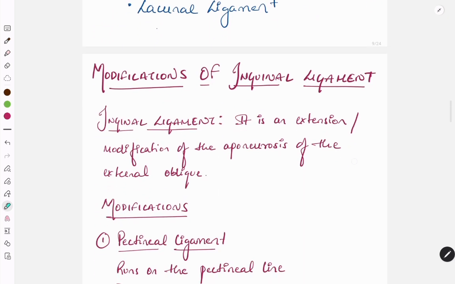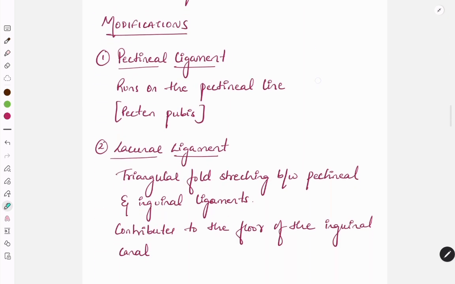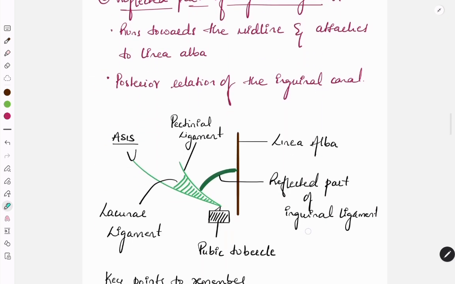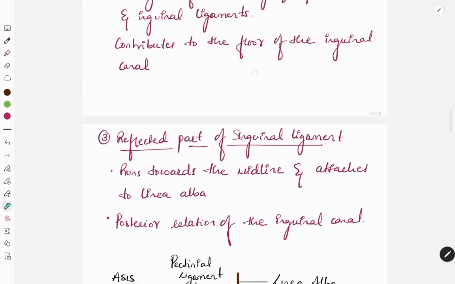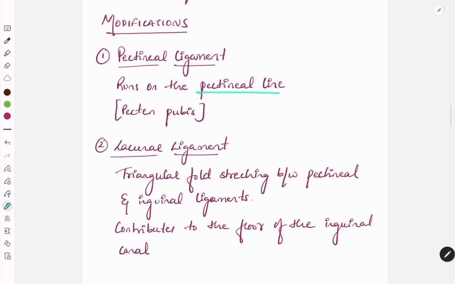Now we are looking into the modifications of the inguinal ligament. First we will look into the diagram. This is your linea alba. This is the pubic tubercle. The line joining the ASIS and the pubic tubercle, we all know, is your inguinal ligament, and this is the pectineal ligament, which runs on the pectineal line.